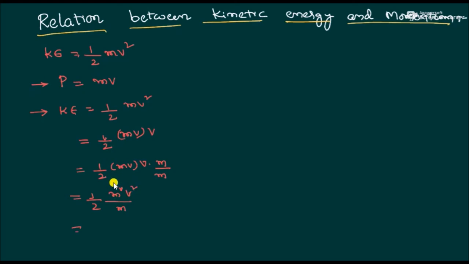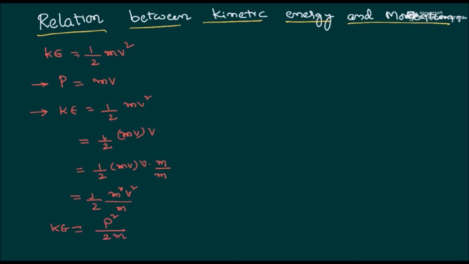That means this is the value of what in the numerator? It is the value of p square, because m square v square becomes p square. So in the numerator the momentum square is there. So kinetic energy is equal to half p square divided by m.